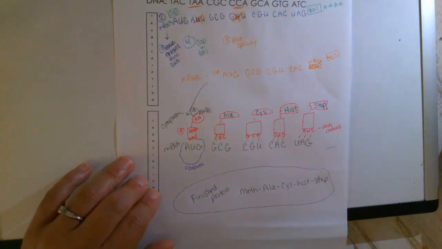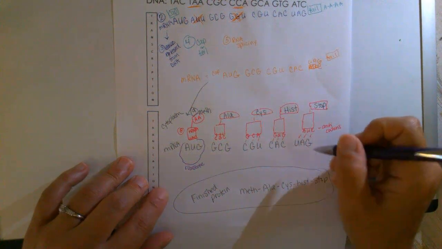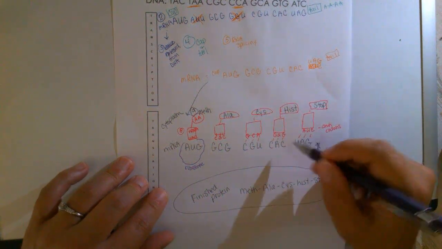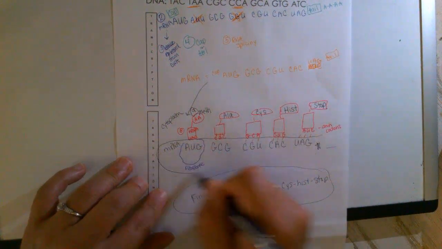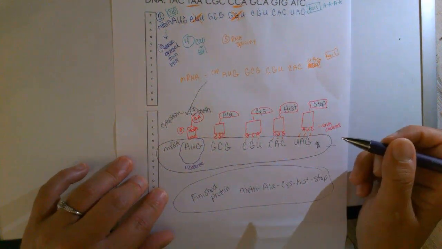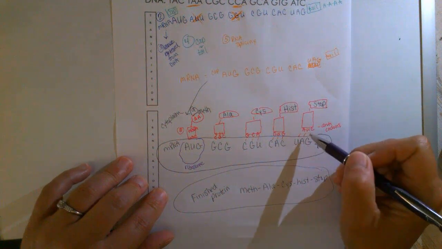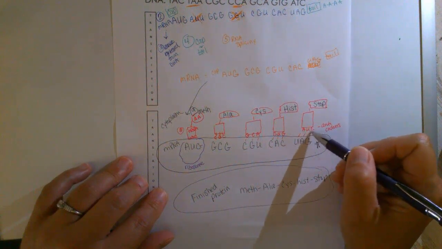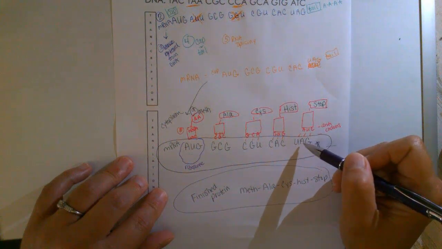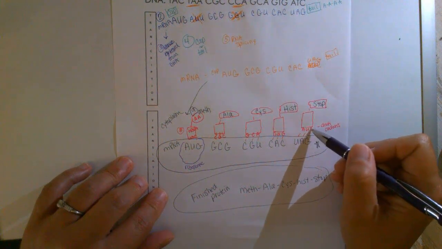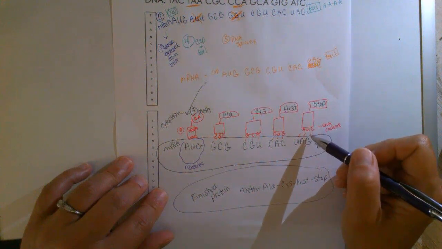Some things that students get confused about: when you are coding for an amino acid, you always want to use the messenger RNA. When in doubt, use messenger RNA. Sometimes students look and think that they're using these letters, so AUC instead of UAG, but really these are just place markers.